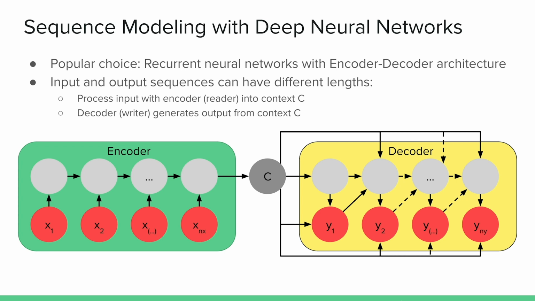And last but not least, long-term dependencies are problematic. Because when you take a look at this image here, all of the information that we know about the sentence must be stored in this one context vector that we have in the middle. And from there, the decoder has to figure out how to process that context information.